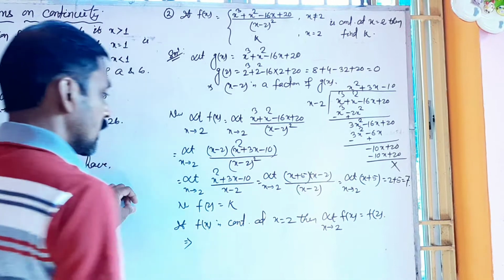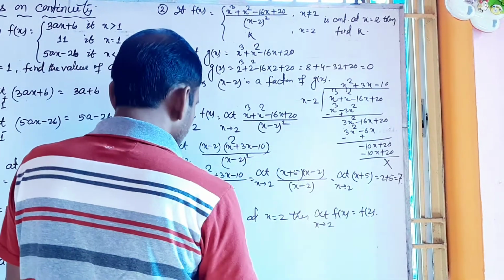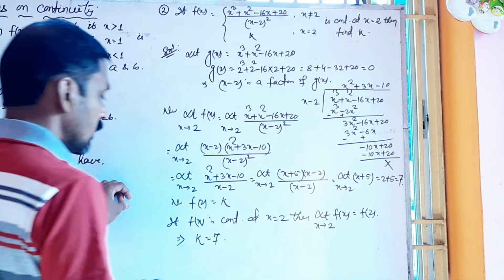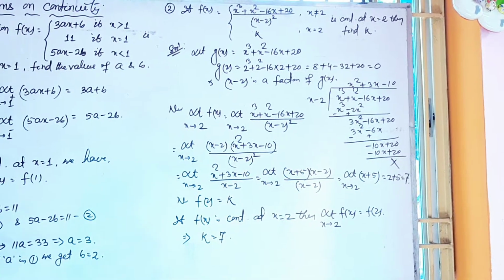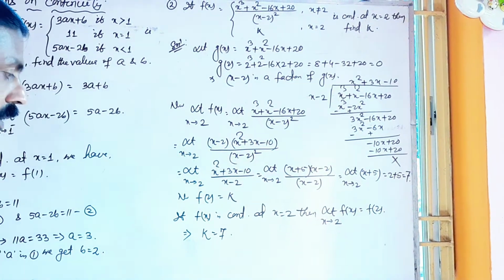So this implies f of 2 is what? k. And what is the limit? 7. So this is the answer. So for k equal to 7, this function will be continuous.